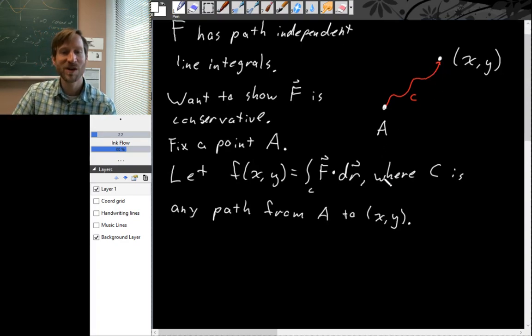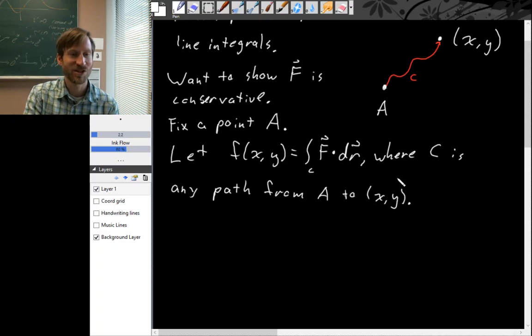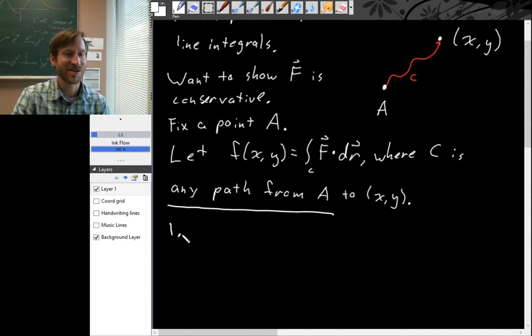So we have two questions to answer about this definition. The first question that we need to answer is, is this function that we've defined, little f, well defined?